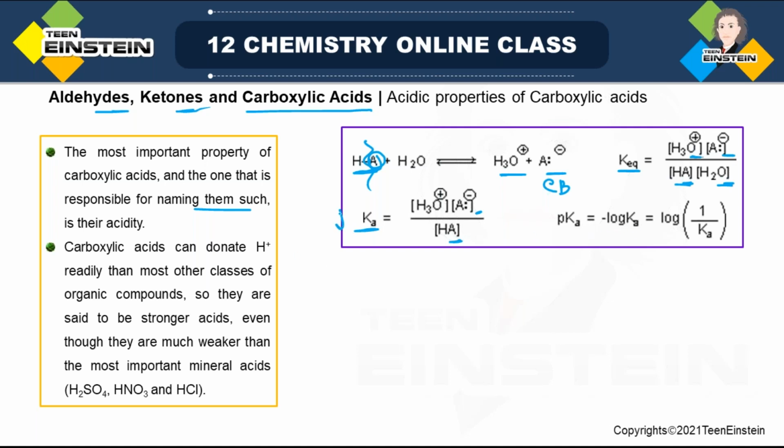Suppose if you are taking log Ka, and also if you put a negative sign before it, now this will be equal to pKa. Okay. Now you can also write it in this way, log 1 by Ka, because there is a negative sign. So this is the definition of pKa, negative logarithm of Ka. So you also have to take the negative log of all these concentration terms.